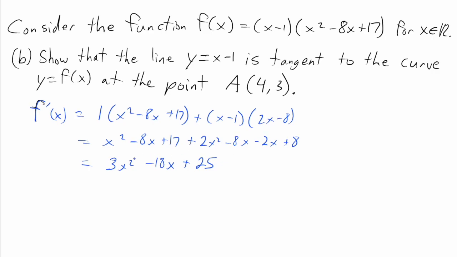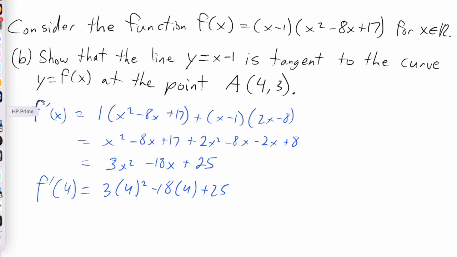Okay, so now to find the slope at this point, that is the derivative. So we'll just plug in 4, right? So f prime of 4 equals 3 times 4 squared minus 18 times 4 plus 25.